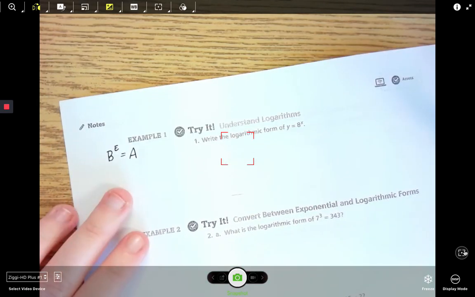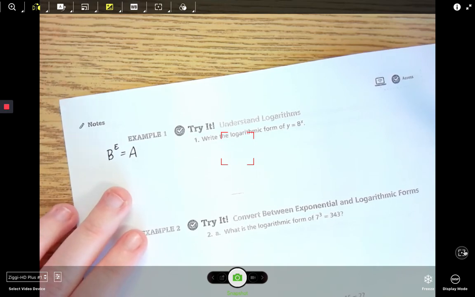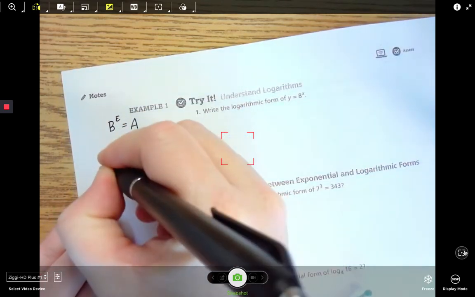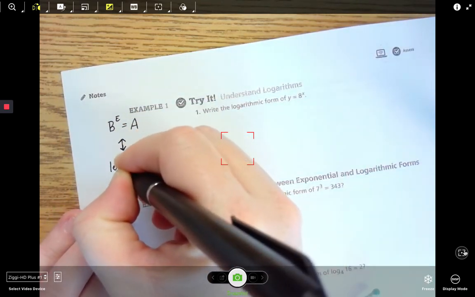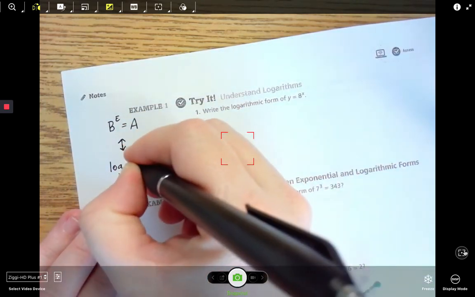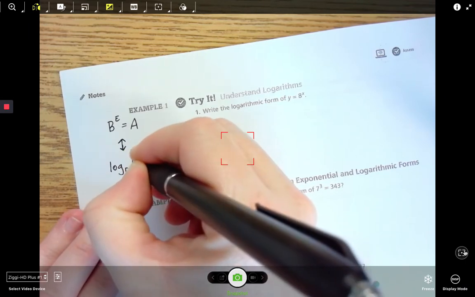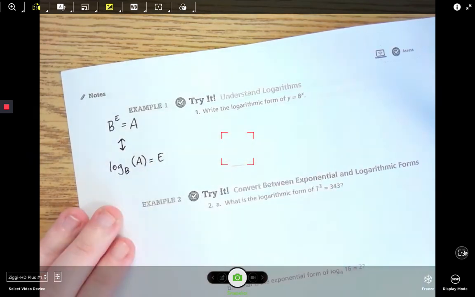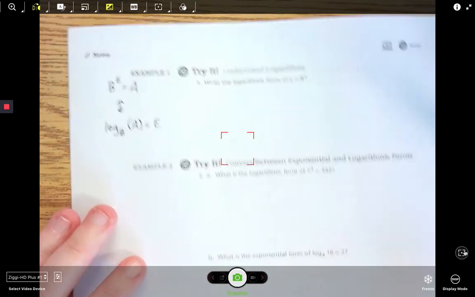We want to rewrite it in logarithm form. So that would be log with a small b, in parentheses is going to be our a value, and we're going to set it equal to our e value.